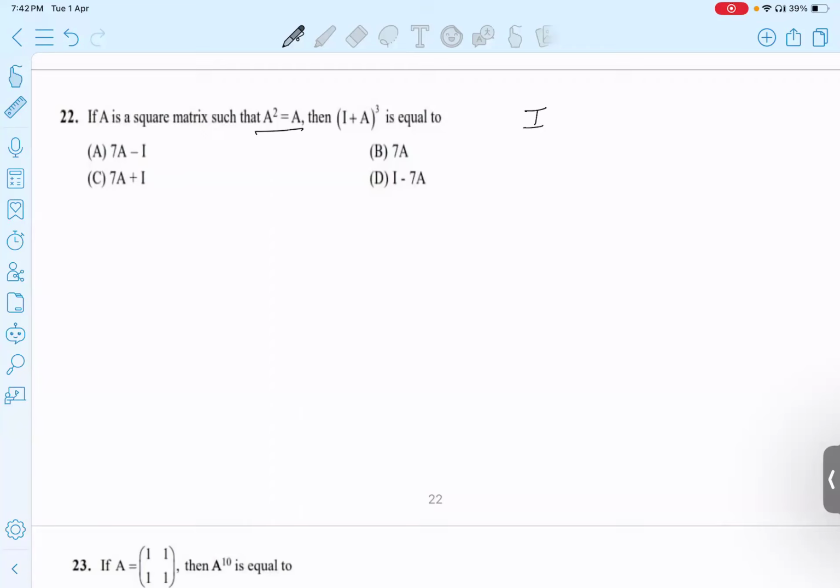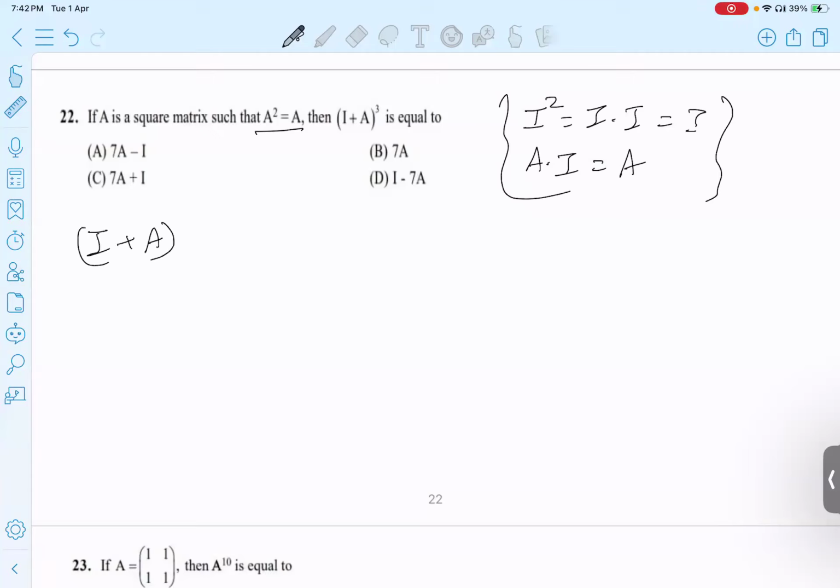I square is nothing but I into I, which is equal to I only. Now, any matrix multiplied with the identity matrix gives you the same matrix. So, keeping this in mind, let us simplify I plus A whole cube, which is looking like A plus B whole cube.